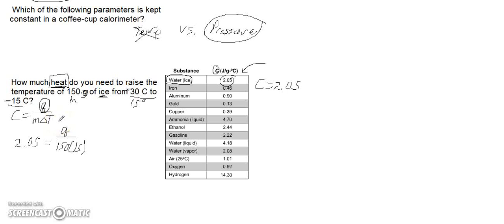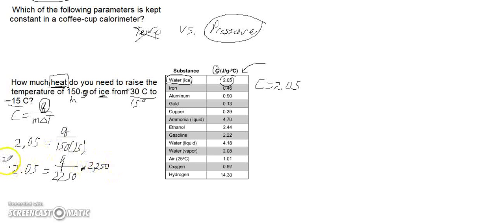And then to solve this, if you know how to solve this, great. If not, remember you're going to multiply those 2 on the bottom first. So 2.05 equals Q over, and then 150 times 15 is 2,250. And then I multiply each side by 2,250.